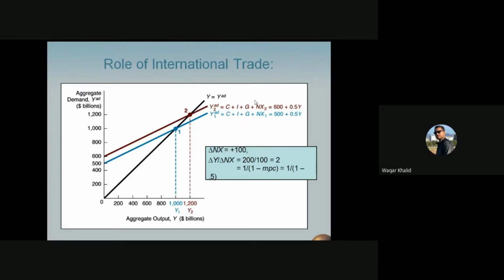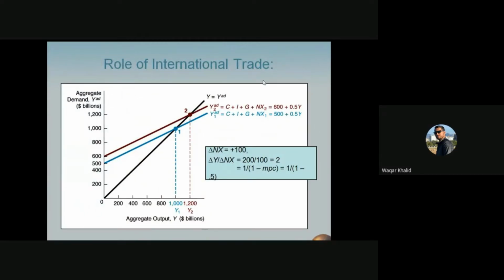This figure indicates that for the given planned investment expenditures and government expenditures, a rise in net exports leads to a multiplied rise in aggregate output, which is equal to the expenditure multiplier. In this case, its value is 2. Change in NX is equal to 100.